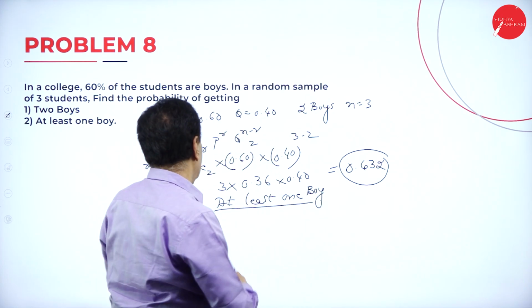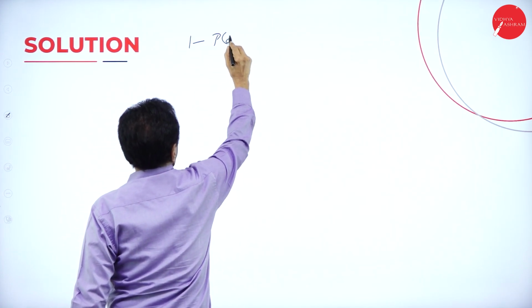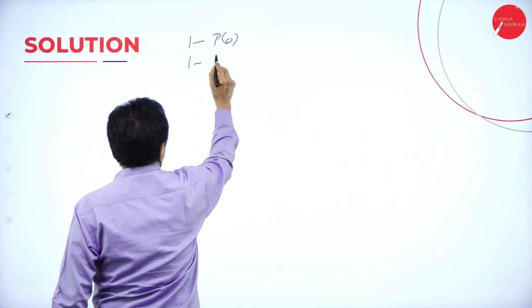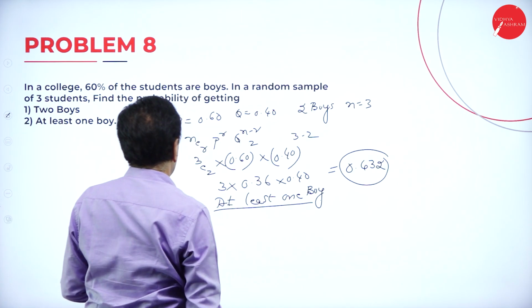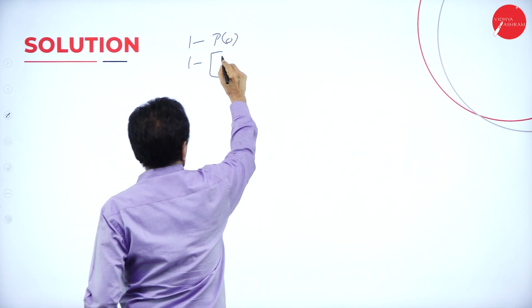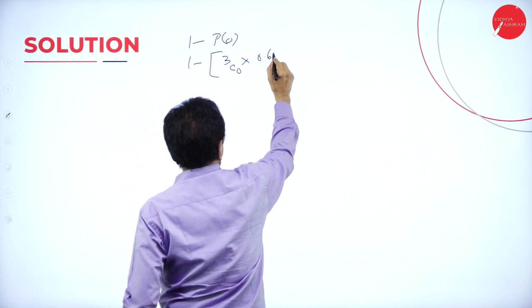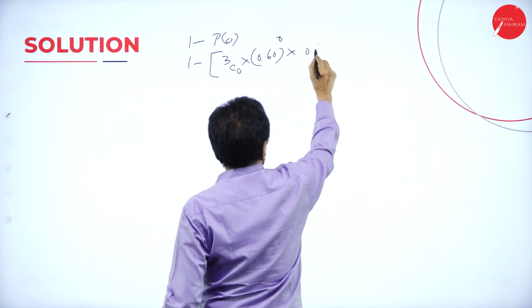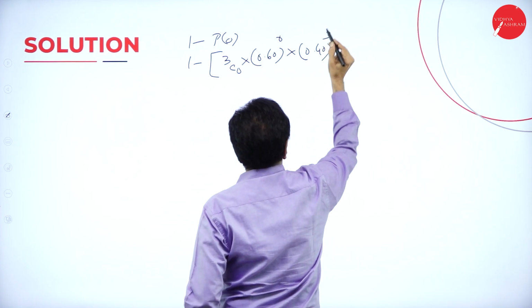At least 1 boy, 1 minus P of 0. Apply 1 minus. Total how many candidates have you taken? We have taken 3 students. 3C0. What's your P? 0.60 to the power of 0. Then 0.40 to the power of 3 minus 0.